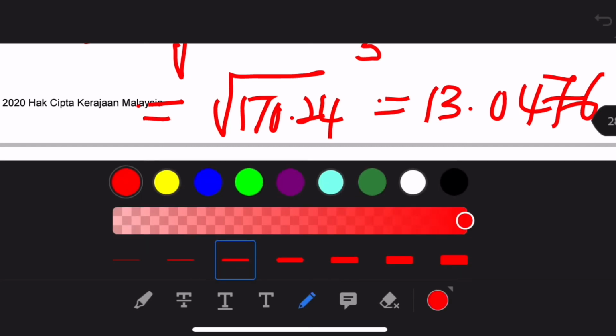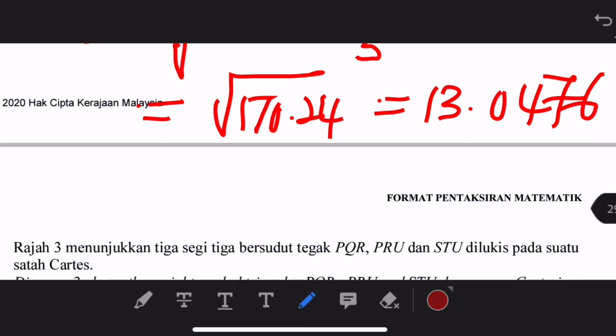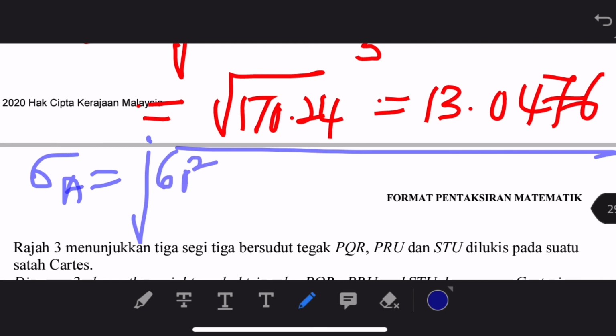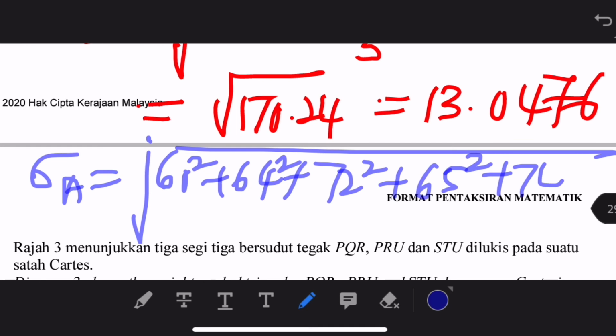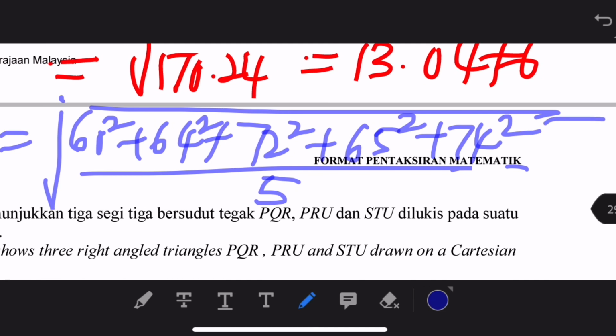And then for the standard deviation for Armin, I will get 60 squared plus 64 squared plus 72 squared plus 65 squared plus 74 squared, over a total of 5, and I need to minus 67 squared.